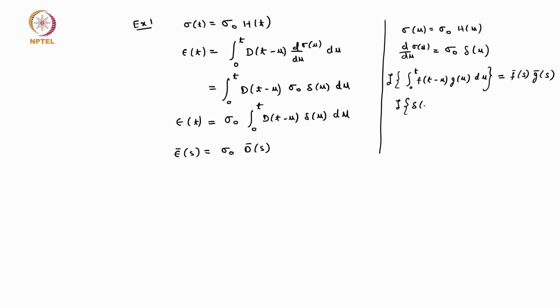We can use the formula which says the Laplace of Dirac delta of t minus a is e power minus a s. In our formula, the value of a is 0, so the Laplace of Dirac delta of t is simply 1, because a equals 0 and e power 0 is 1.